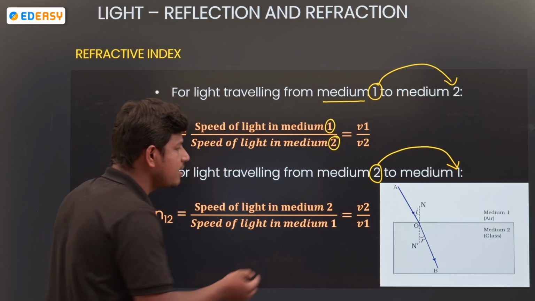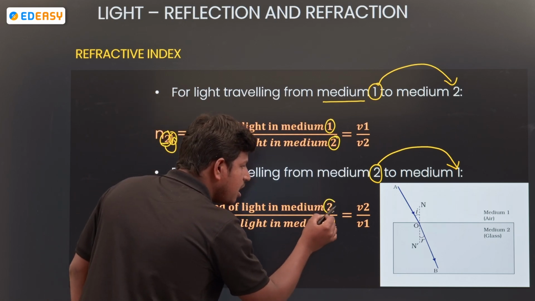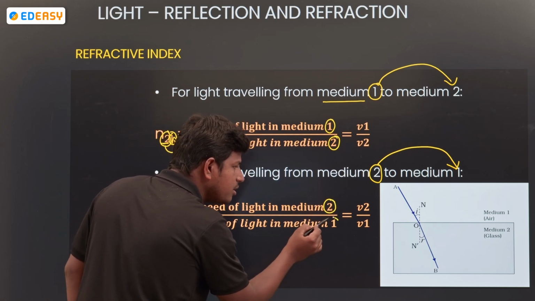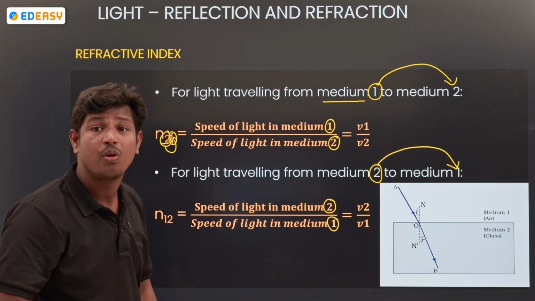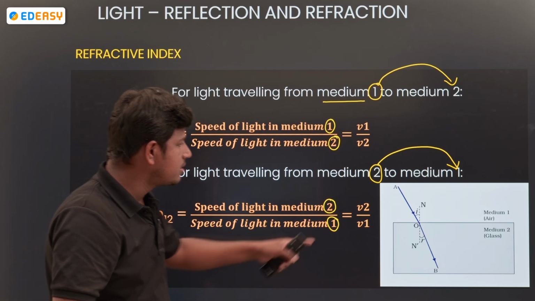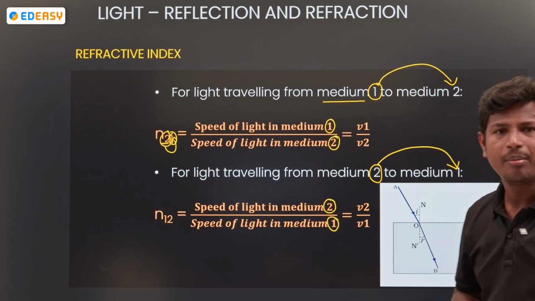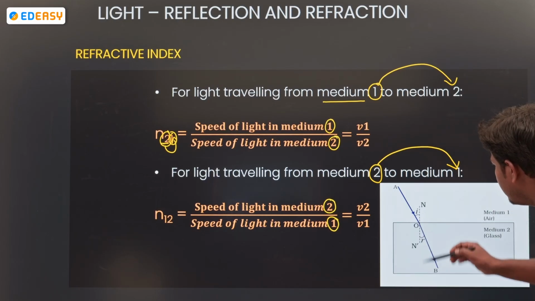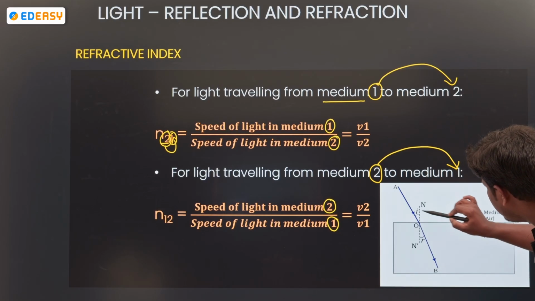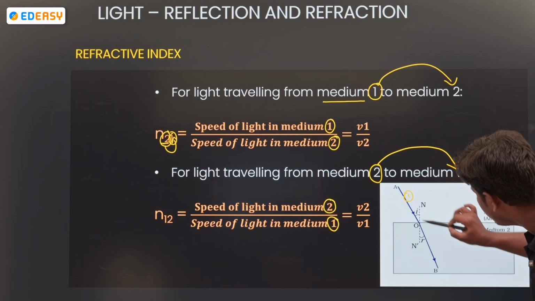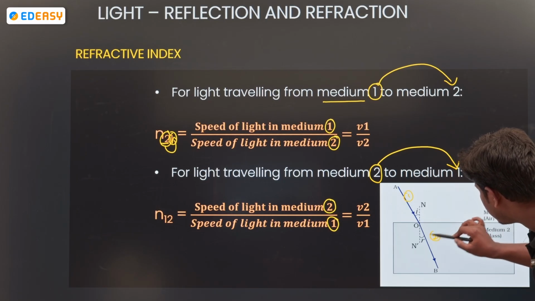How can we calculate it? Similarly, speed of light in medium 2 divided by speed of light in medium 1. See, here we took two mediums, medium 1 and medium 2. Where to where is the light traveling? From the first medium to the second medium.